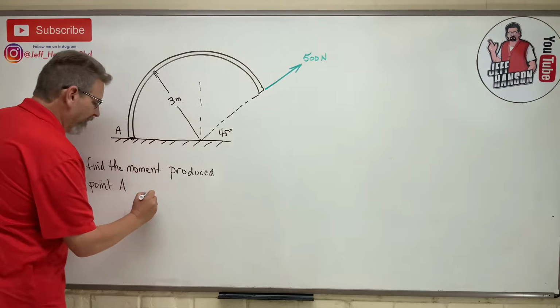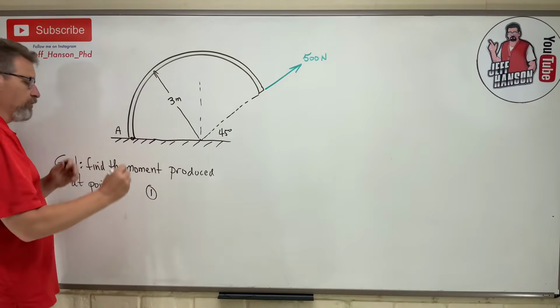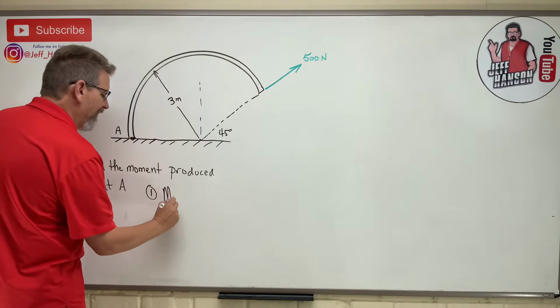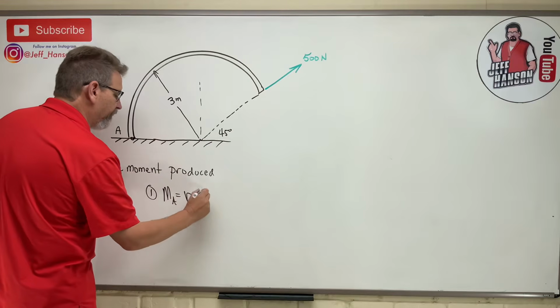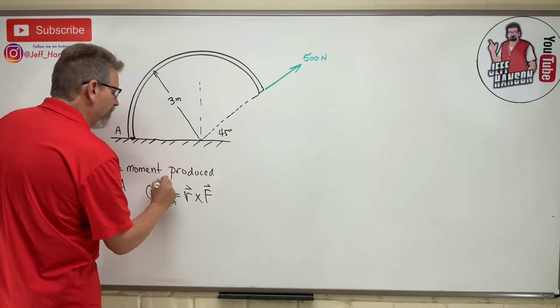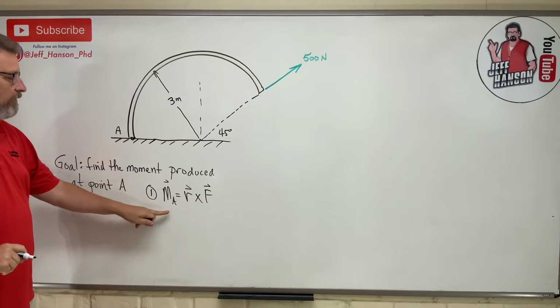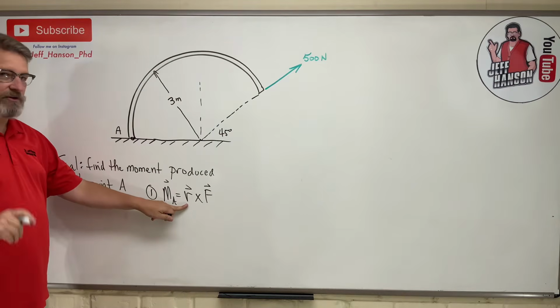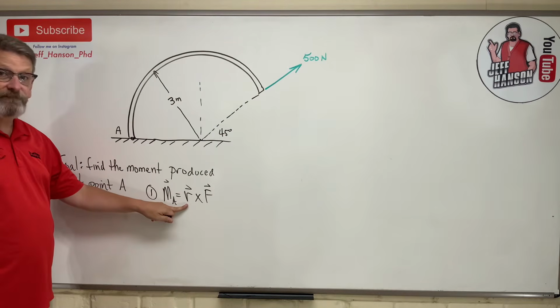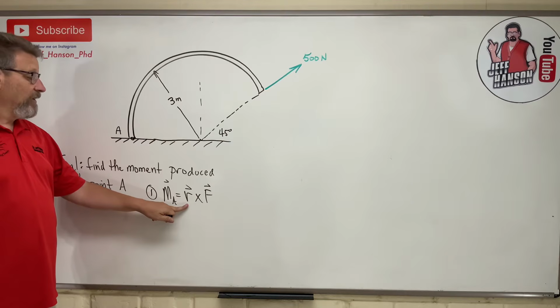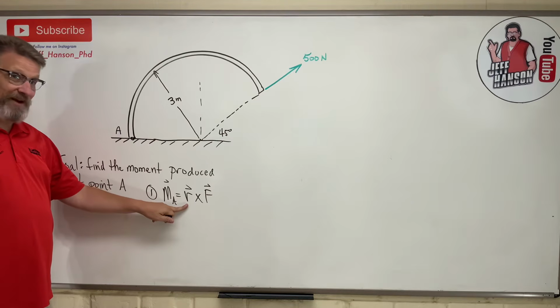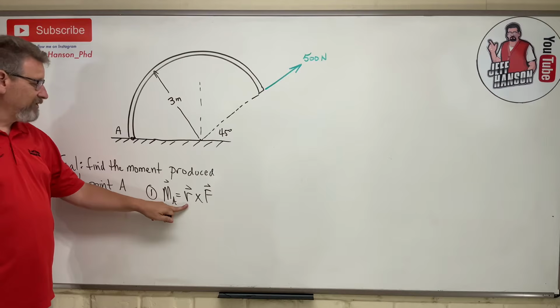Way number one, we're going to use the moment at point A is equal to R cross F, okay? We talked about this in the last video. R is a position vector. Do you remember what it is? Tell me. Go ahead. It goes from the point you're taking a moment about to anywhere on the line of action of the force.